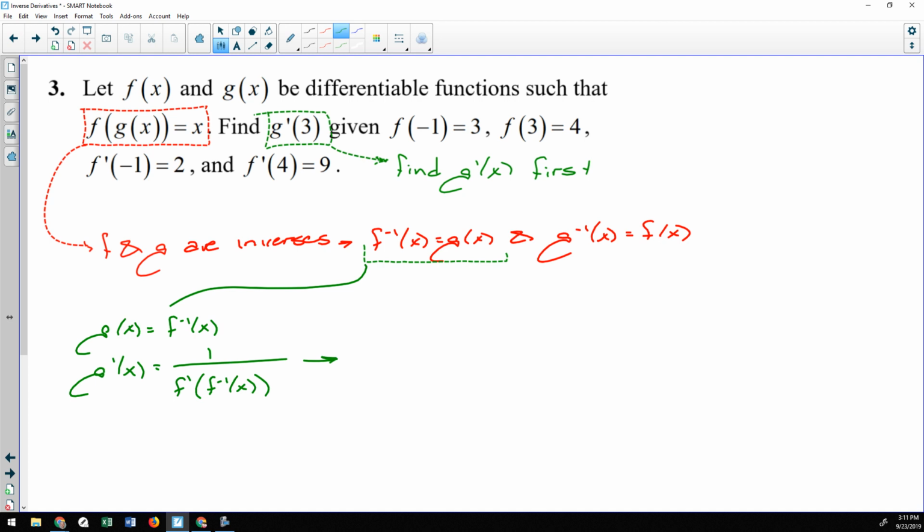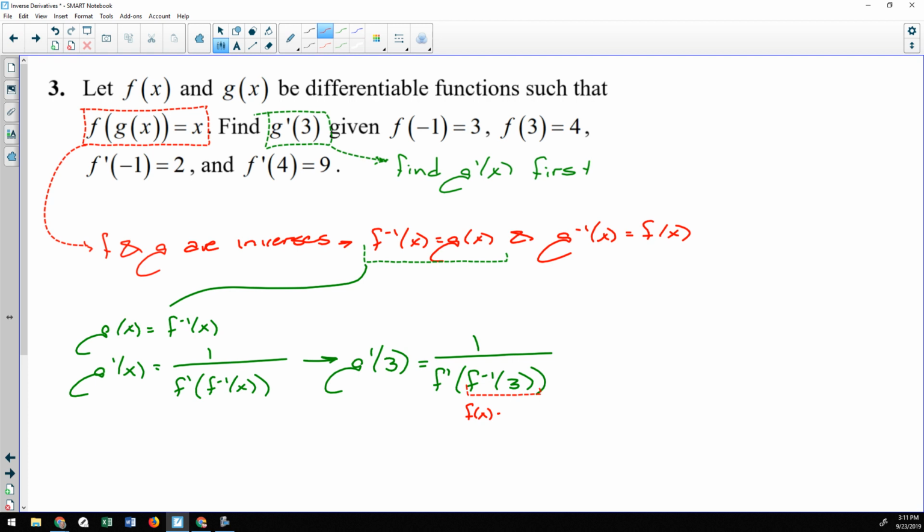And the question's asking, what is g prime of 3? So now that I have an equation for g prime of x, I can plug 3 into that. G prime of 3 is going to be 1 over f prime of f inverse of 3. And once again, it's a matter of being able to evaluate this. Starting on the inside, I need f inverse of 3. And f inverse of 3 is going to be where f of x is equal to 3.